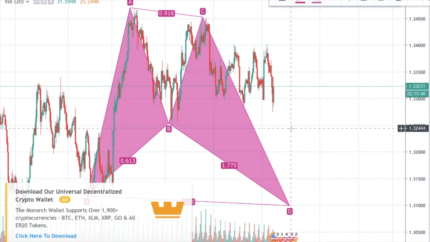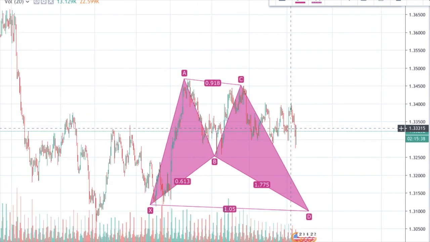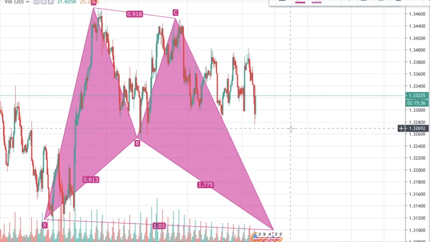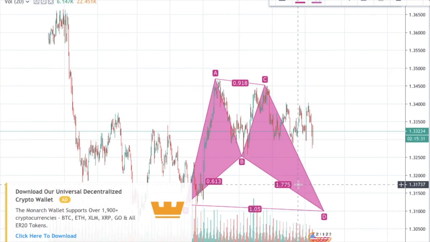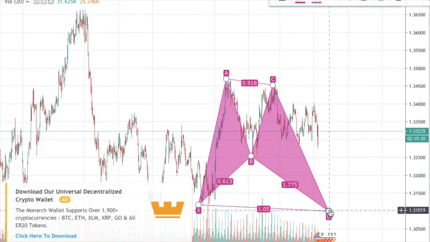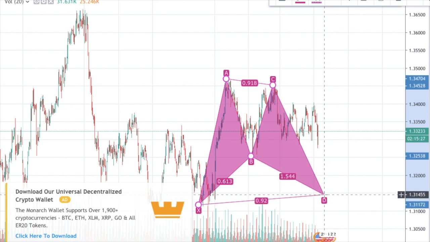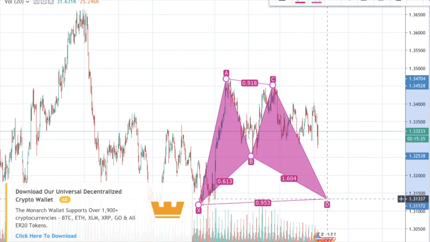So if we do see price action choose to fall, there's a good chance we might see it go down to around a 618 right here.